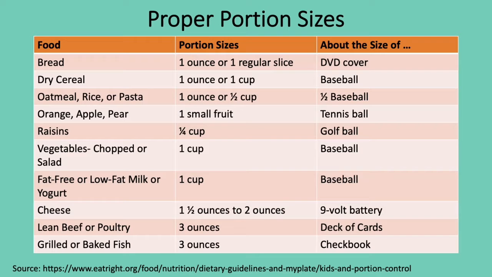Lean beef or poultry has a portion size of 3 ounces and is about the size of a deck of cards. Grilled or baked fish also has a portion size of 3 ounces, which is about the size of a checkbook. If you're not sure what that is or what that looks like, it's basically the size of an iPhone, slender but rectangular.